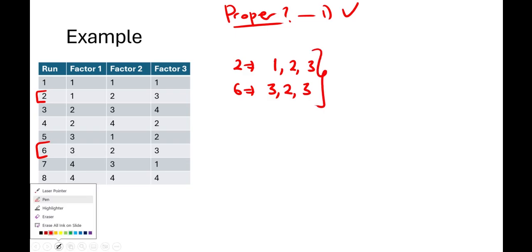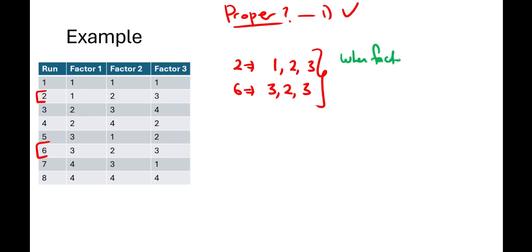So in this case, what it means is that when B, or factor 2, is at level 2, factor 1 is at 1 and then 3.